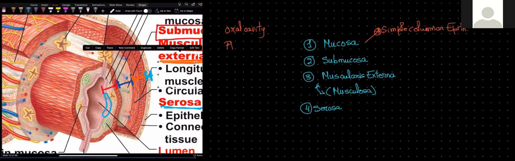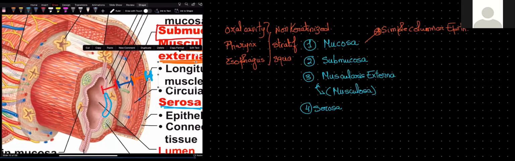Remember, exceptions for this general rule are going to be the oral cavity, the pharynx, and the esophagus. Those three parts are not going to be lined with simple columnar epithelium. They are lined with non-keratinized stratified squamous epithelium.